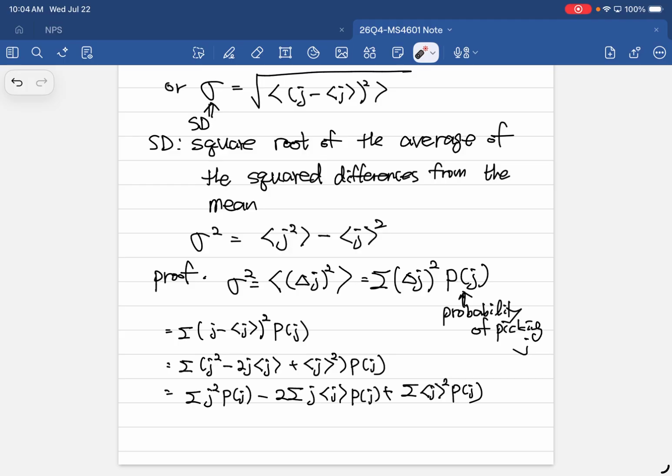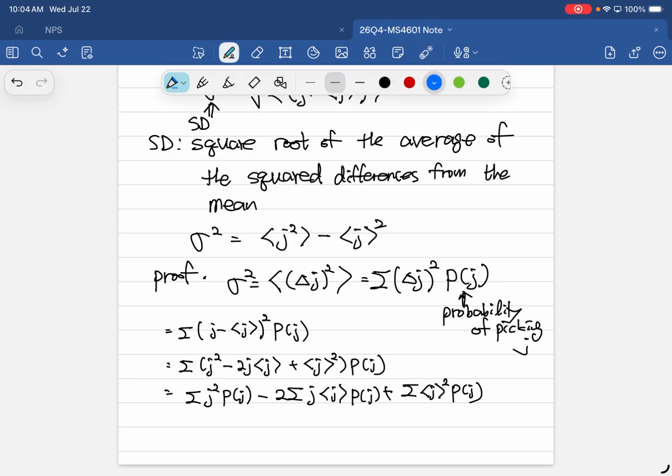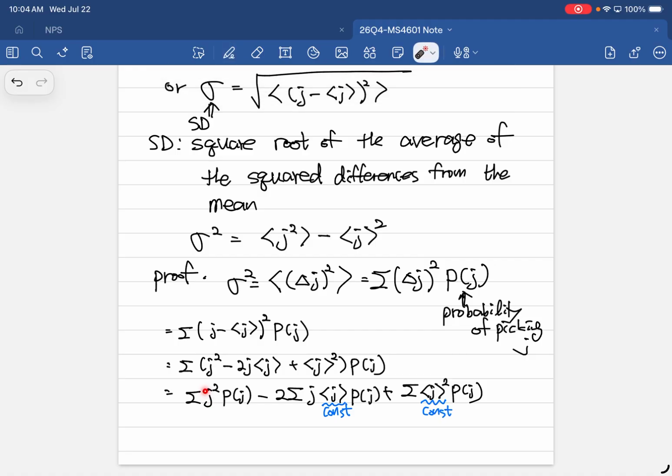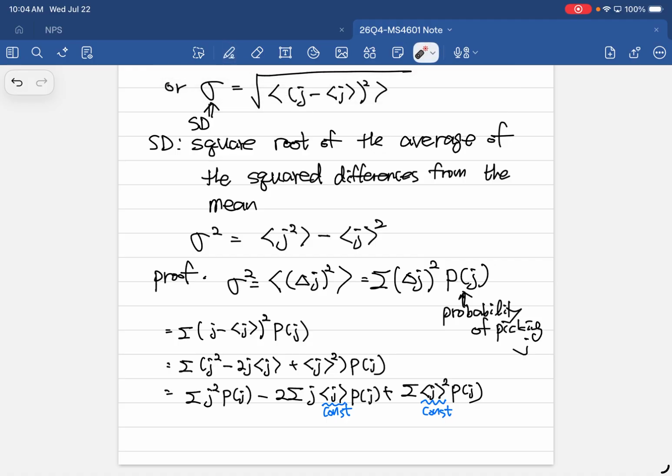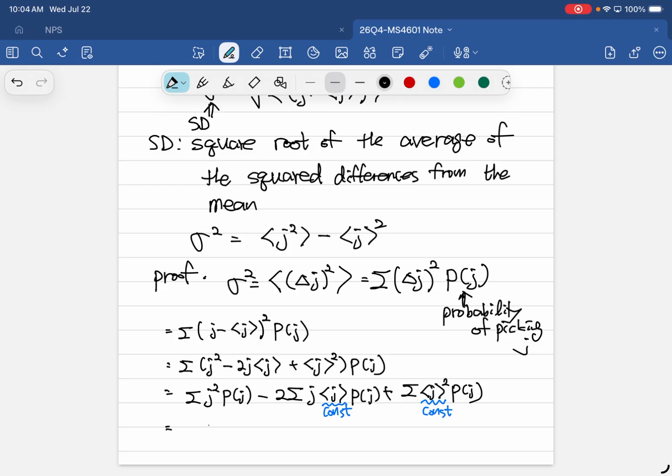So this one is constant, and obviously this one is constant. But this j here is all elements itself, so this is not constant. So then, the constants we can bring out, right?